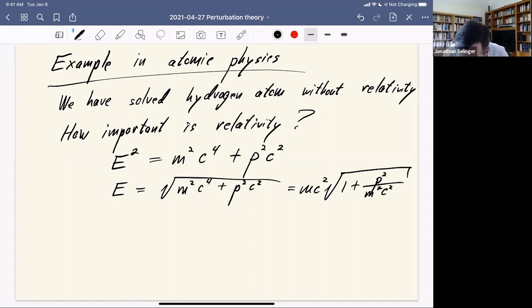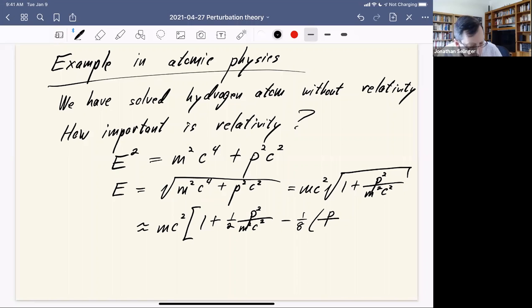If we do a Taylor series for this square root, that's mc squared times 1 plus 1/2 of p squared over m squared c squared, and then minus 1/8 of p over mc all to the fourth power.